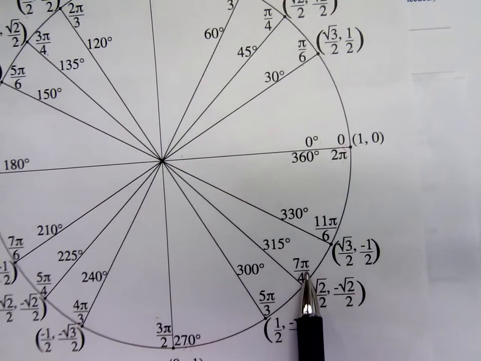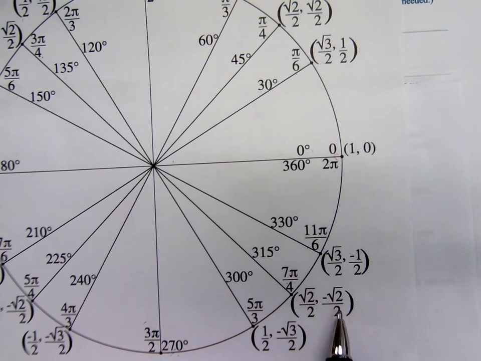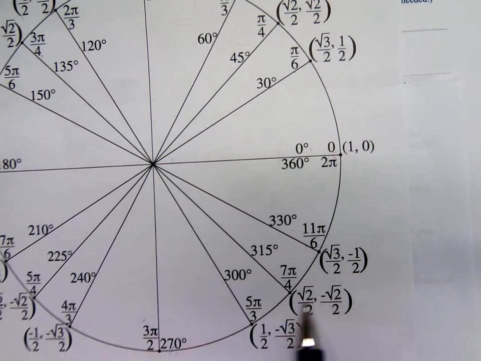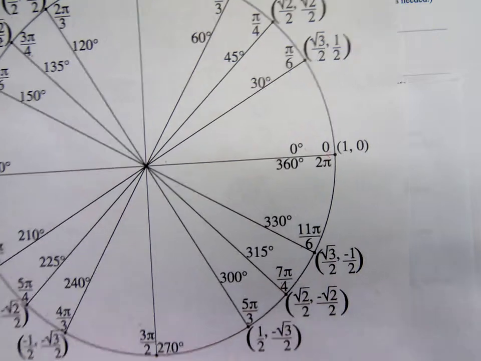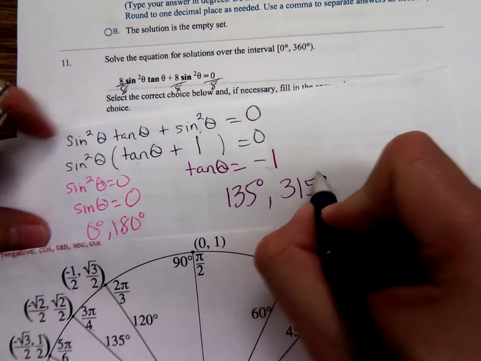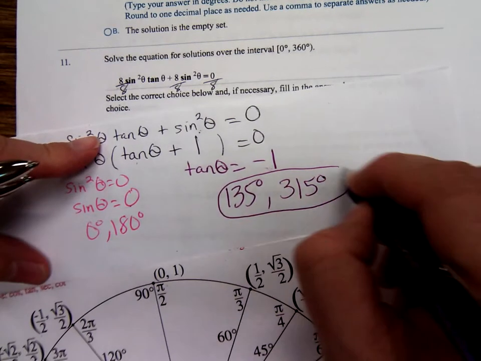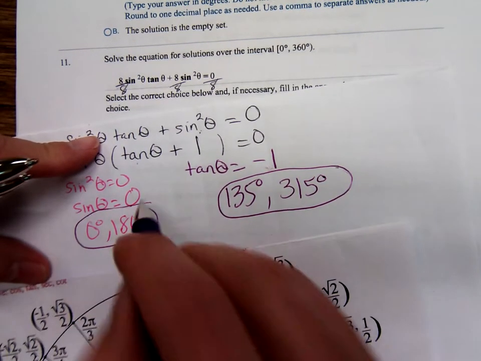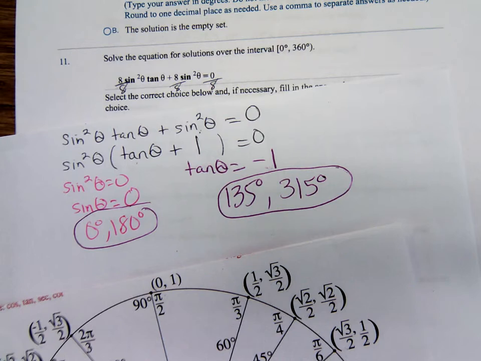It's the over 4 here, 315 degrees, sine over cosine in the fourth quadrant. So 0 degrees, 180 degrees, 135 degrees, 315 degrees.